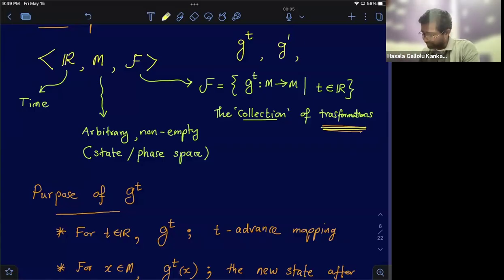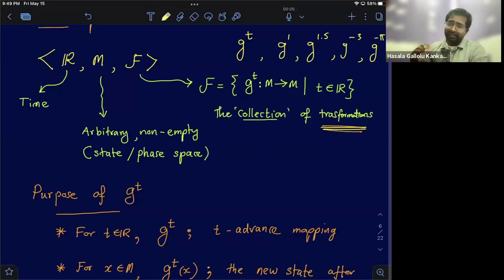So some kind of a function, G 1.5 is a possibility, G negative 3 is a possibility, and G of any real number, put any real number in that position, like negative pi or any rational, irrational, or transcendental number, anything.